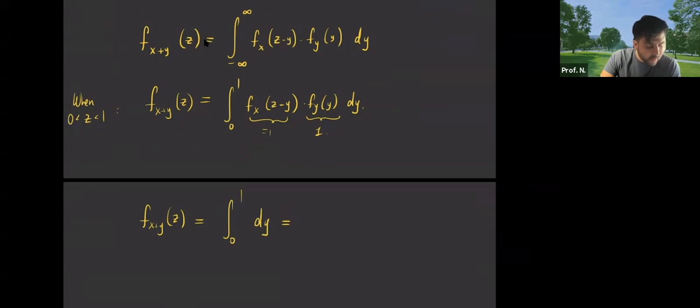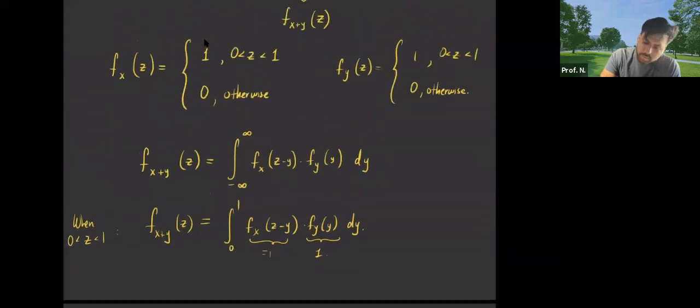But the problem, or the difference, is that your z value can be something between 0 and 1.